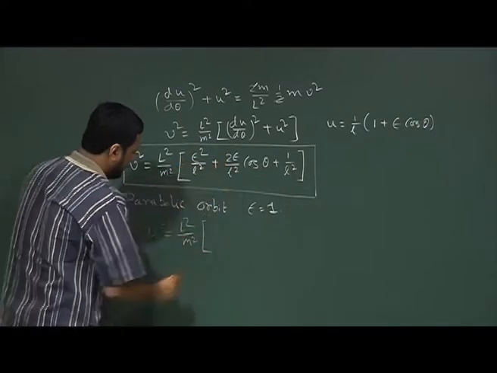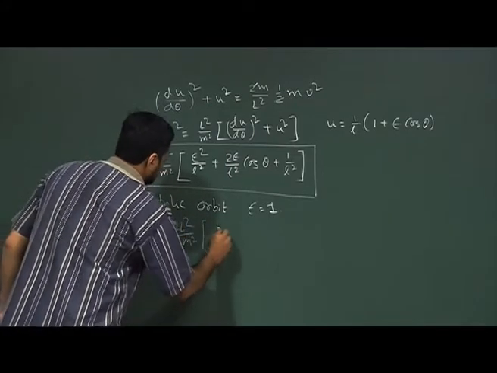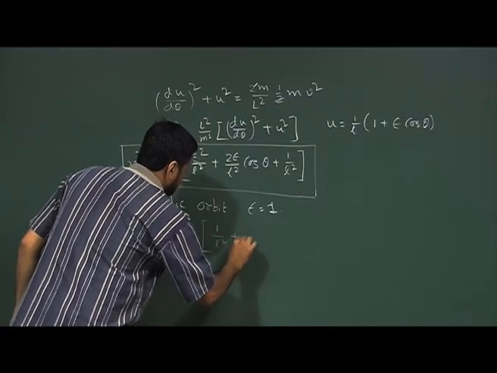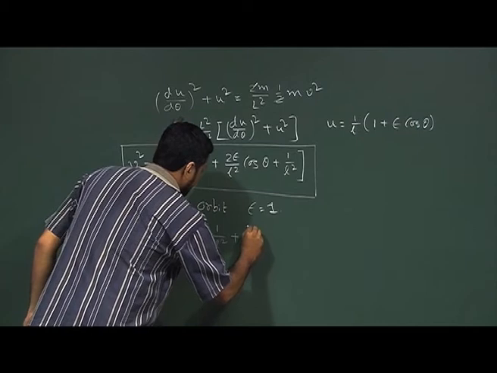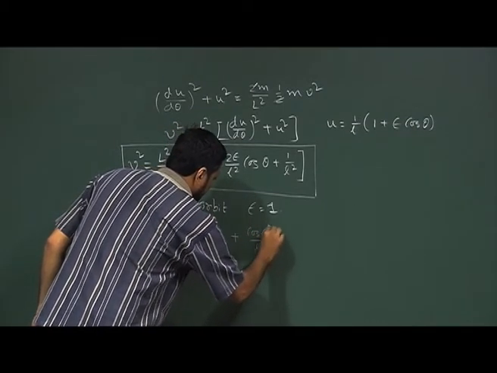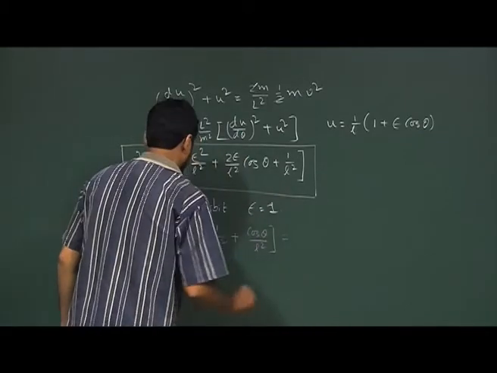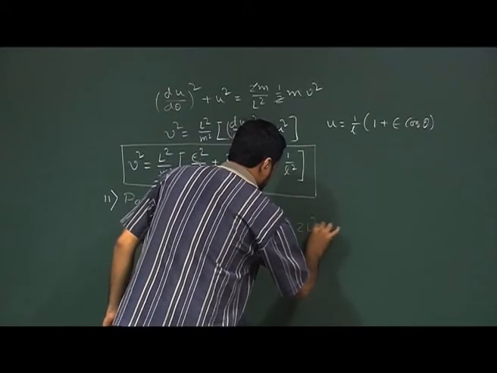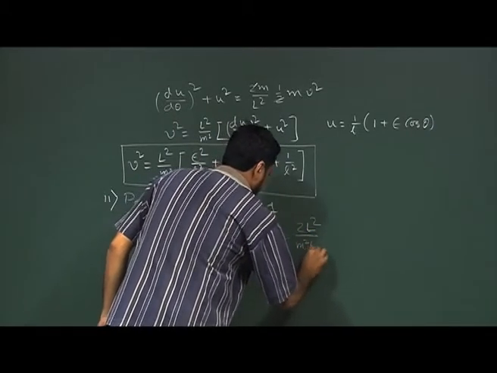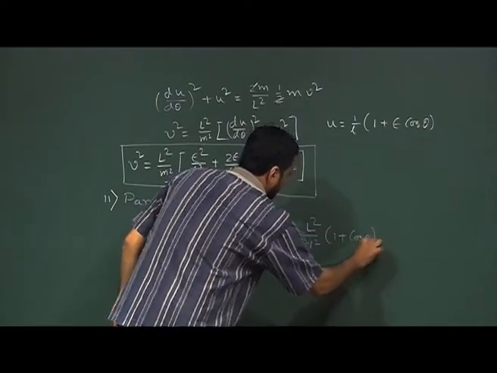There is a 2 here, so that 2 will come out, and it reduces to 1/l² plus cos θ/l². Also l² can be taken out and we can write it as 2L²/(m² l²) (1 + cos θ).